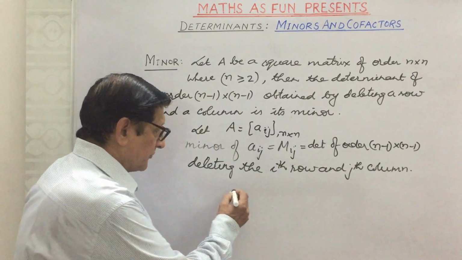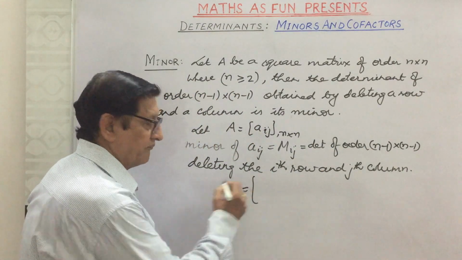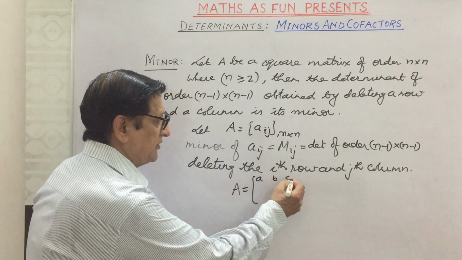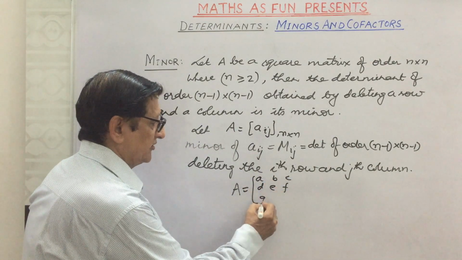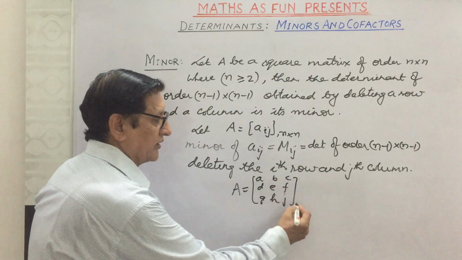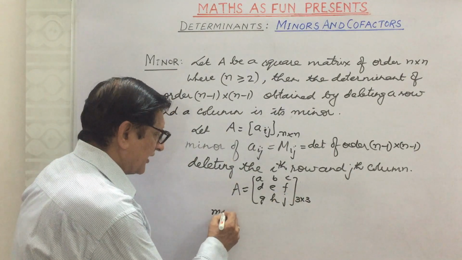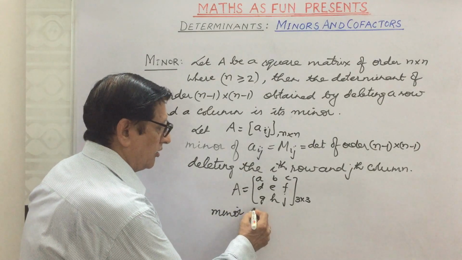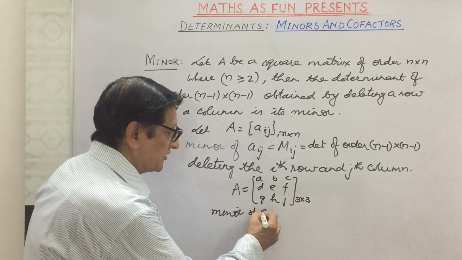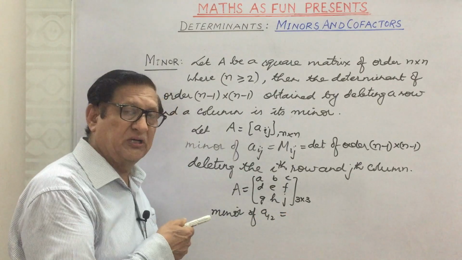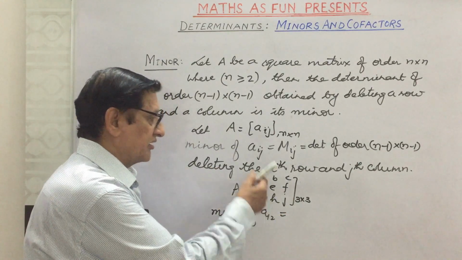For example, suppose we have a matrix A, the elements in which are A, B, C, D, E, F, G, H, J, and the order of this is 3 into 3, and we want to find the minor of the element A12. A12 means first row and second column.